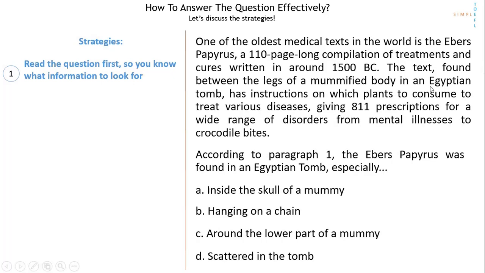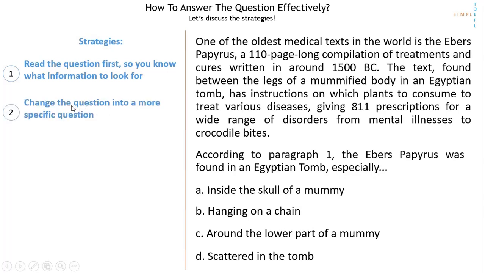So now let's discuss the strategies. The first strategy is to read the question first, so you know what information to look for. This is the paragraph, this is the question, and these are the options. The question is, according to paragraph 1, the Ebers papyrus was found in an Egyptian tomb, especially where?